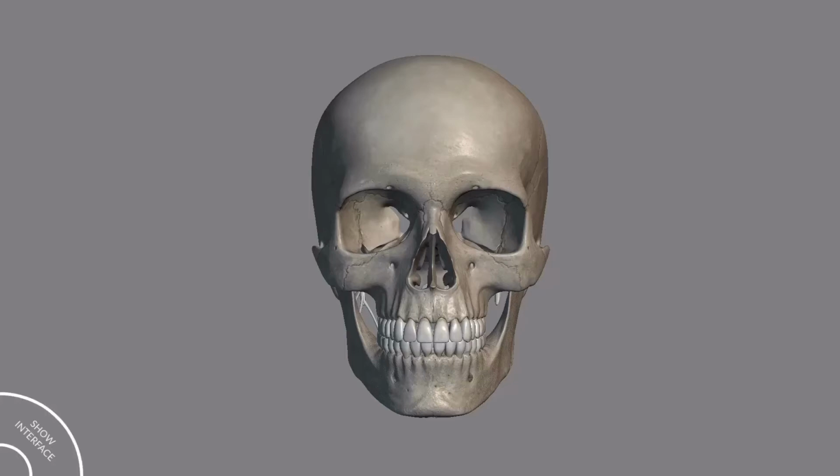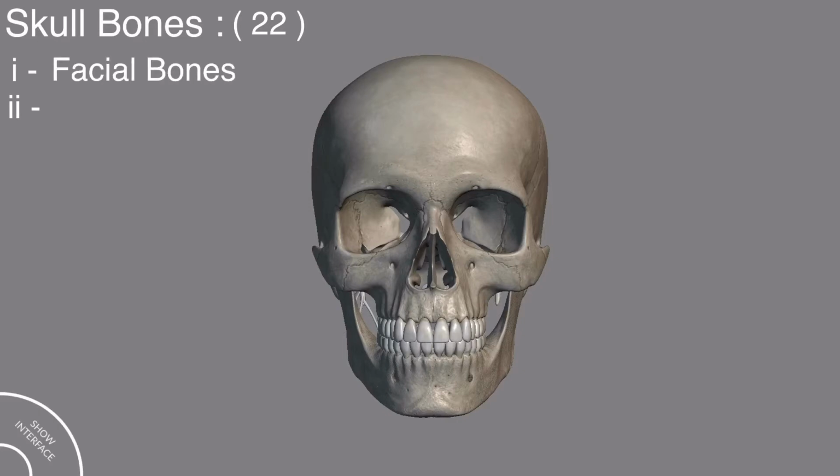In this video, I will discuss the bones of the skull and their location. The skull consists of 22 bones and we have divided them into two groups. One is the facial bones and the other one is the cranial bones.